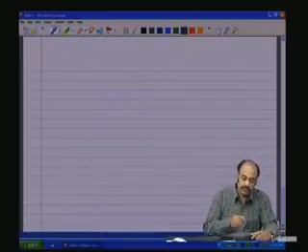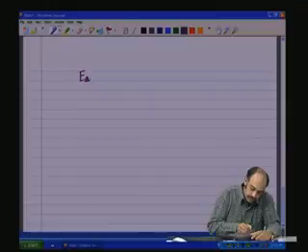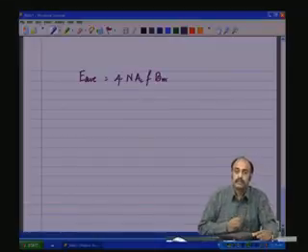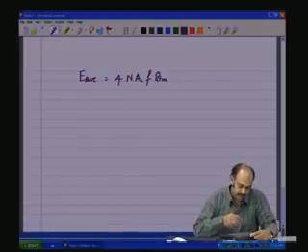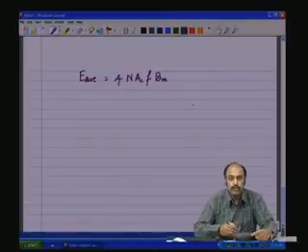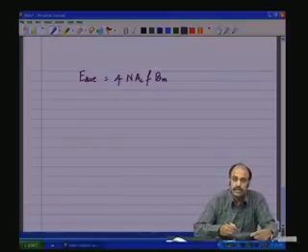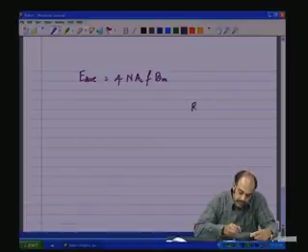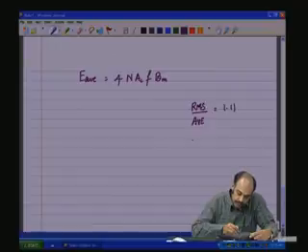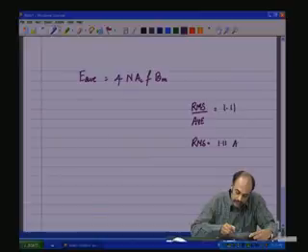We would like to express everything in terms of the effective value or the RMS value in sinusoidal analysis. Therefore, we use the relationship that we obtained a few classes ago when dealing with sinusoidal waveforms. The RMS value divided by the average value is 1.11, and therefore, the RMS value is equal to 1.11 into the average value.